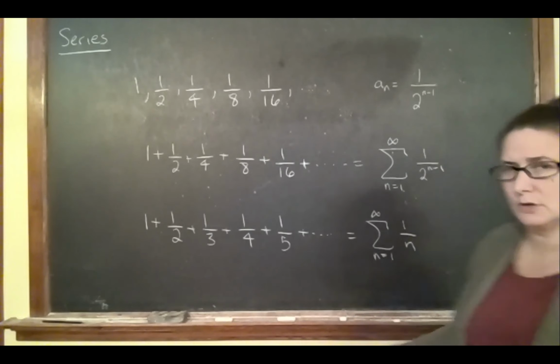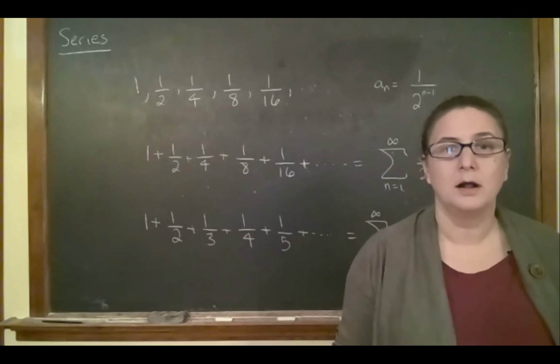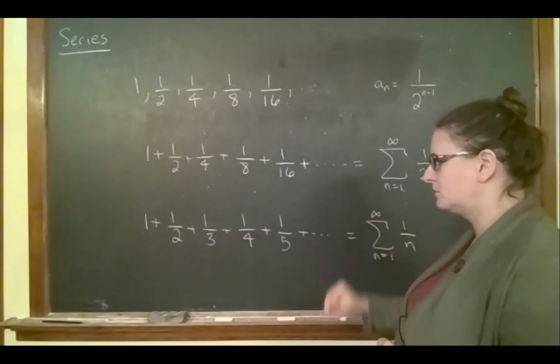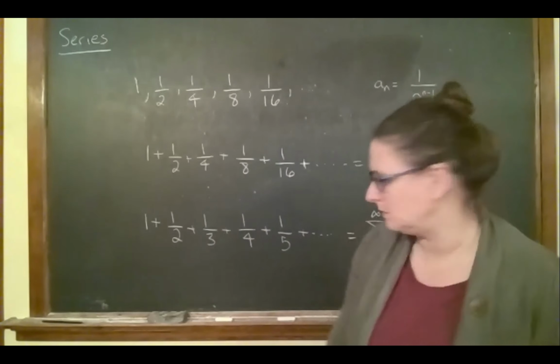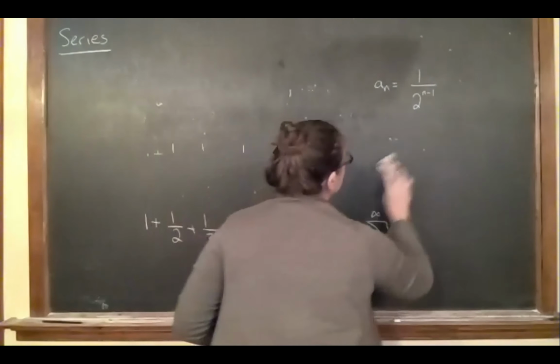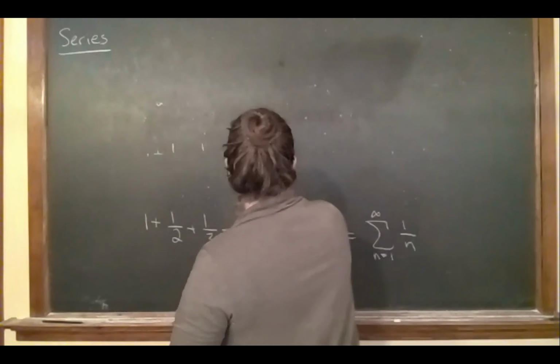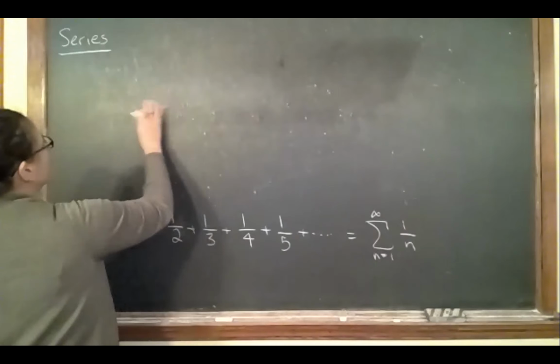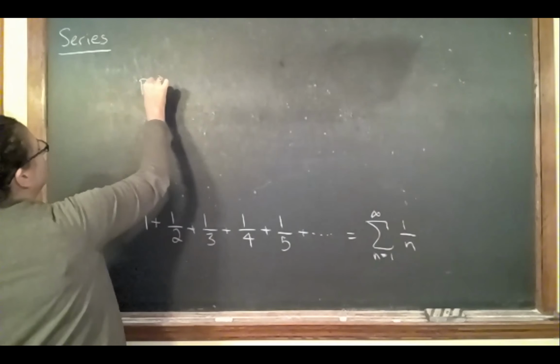But what we're really looking at in the applet, of course, is not an infinite number of terms, but some sort of finite number of terms. So this was the next example. What we're looking at is what's called partial sums.